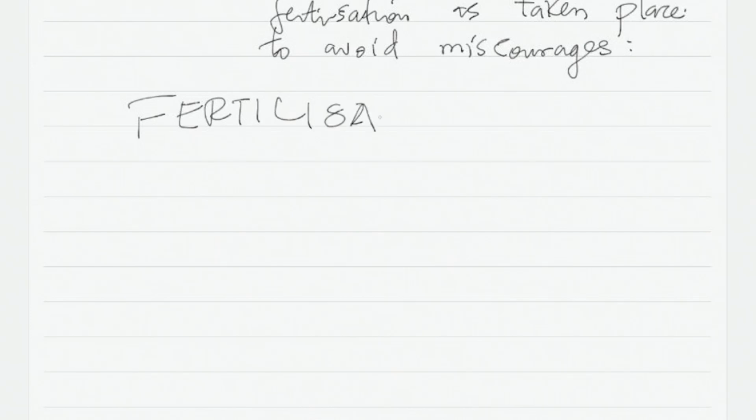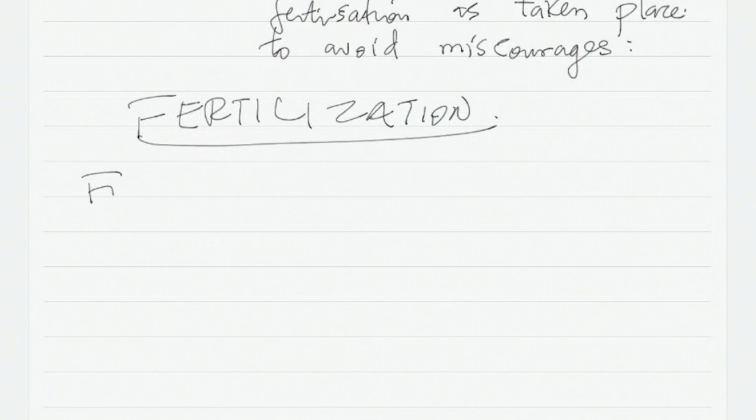Now, let's look at fertilization. Fertilization is simply defined as the fusion of the sperm cell with the ovum to produce a zygote.